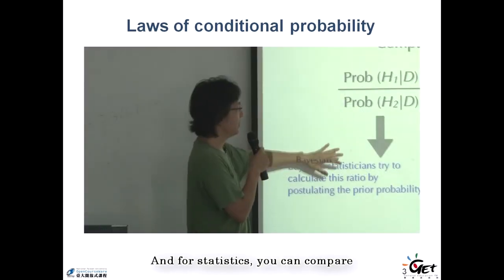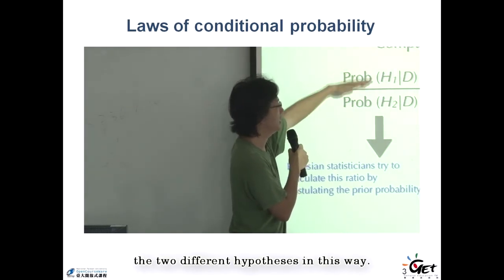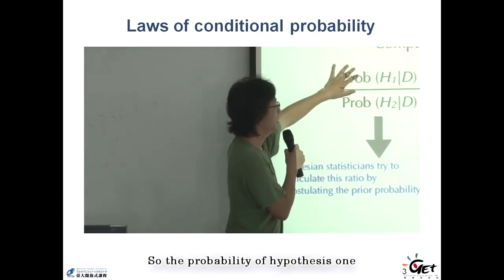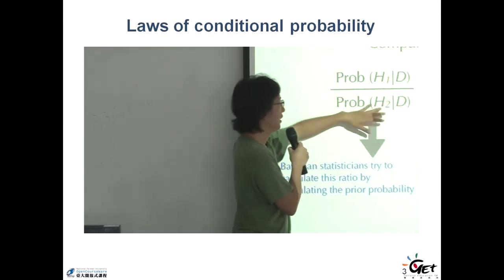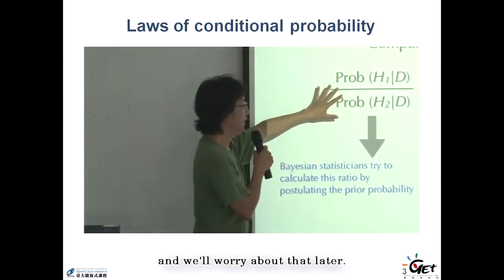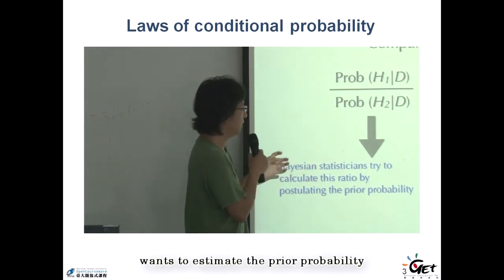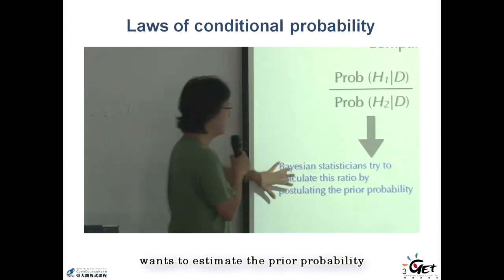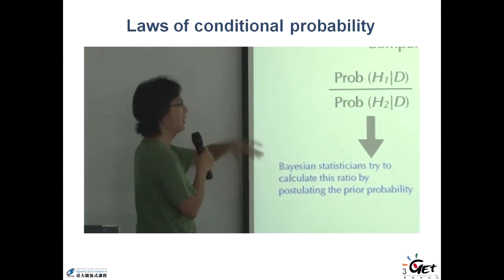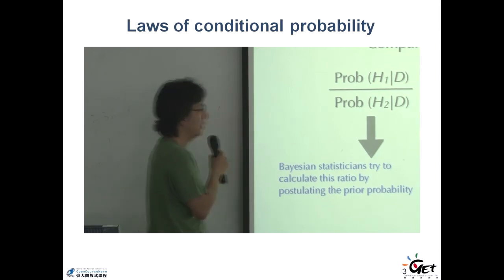In statistics, you can compare the 2 different hypotheses in this way. The probability of hypothesis 1 given the data, and we'll worry about that later, is basically the Bayesian theorem. You want to estimate the prior probability and then recalculate the ratio.